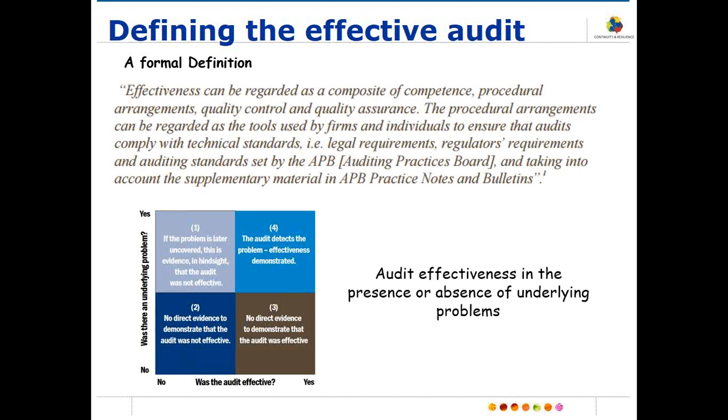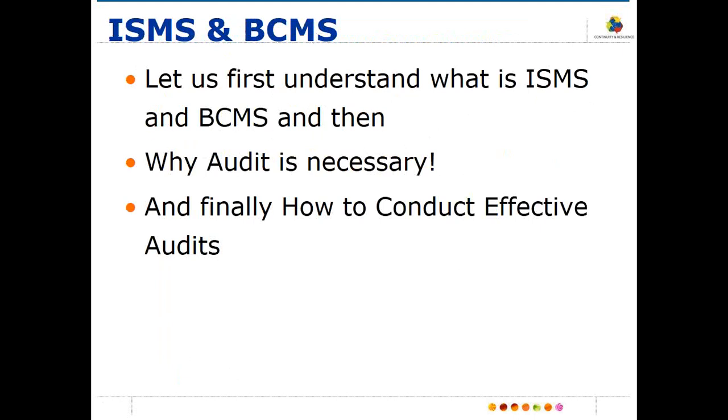Now, in the absence of any problem later on, I cannot say if it was effective or not effective. Ideal situation would be the audit detects the problem that demonstrates the effectiveness. You detect a future problem during the audit, you can say the audit is effective. So again, it's a subjective thing if the audit was effective or not.